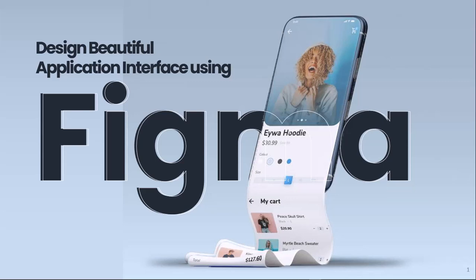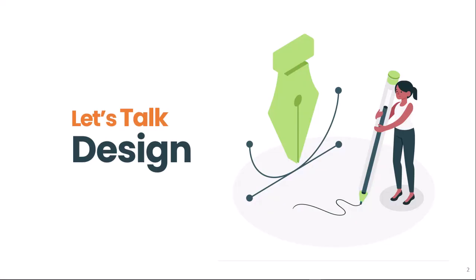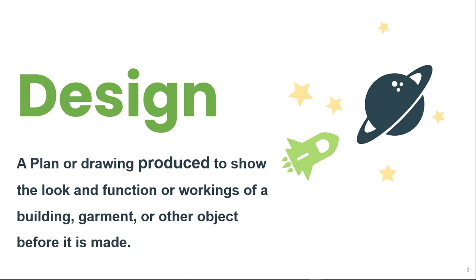So we're going to start with knowing what design is all about again, because it's still design we are looking at. So let's talk about design. Design is a plan or a drawing produced to show the look and function or working of a building, garment, or other object before it's been made.